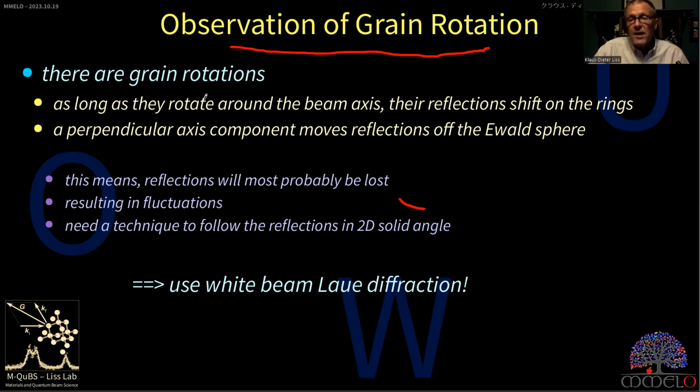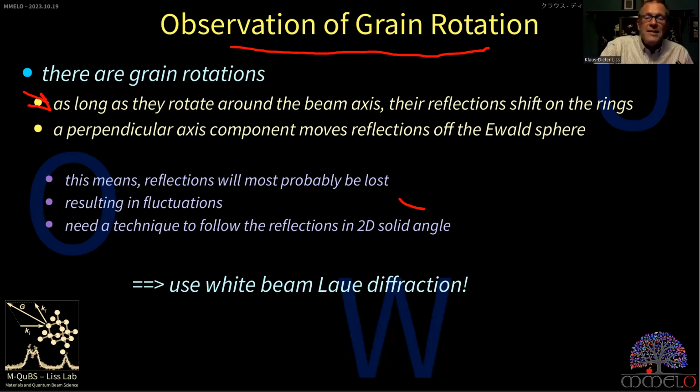There are grain rotations at high temperature because of grain growth, grain coalescence, and so on. To observe grain rotations, as long as they rotate around the beam axis, their reflections shift on the Debye rings. But if a grain rotation changes the Bragg angle, or the angle of incidence to the lattice plane, then we lose the reflection because it moves off the Ewald sphere.